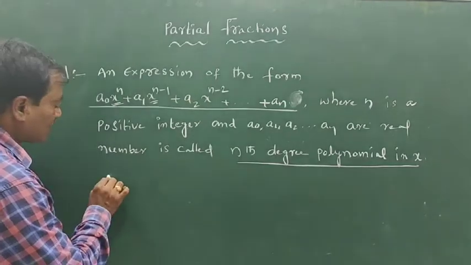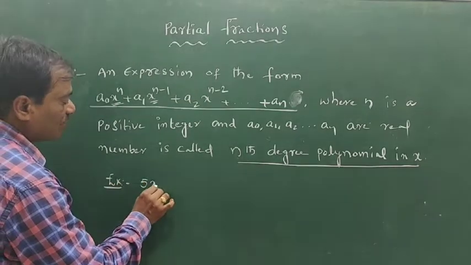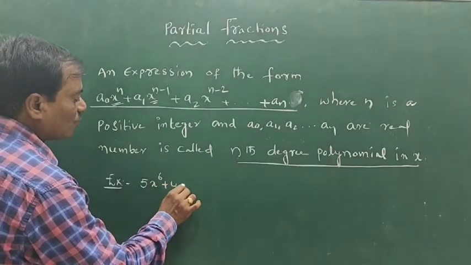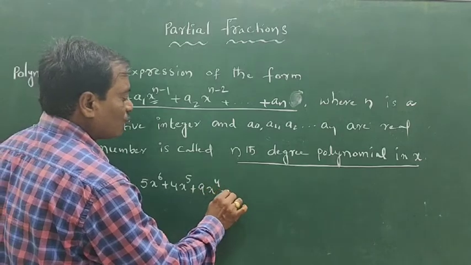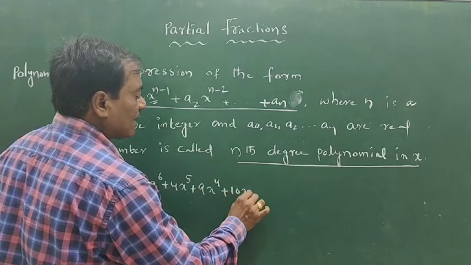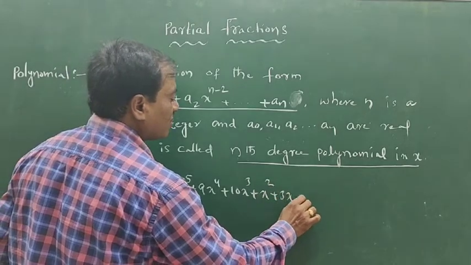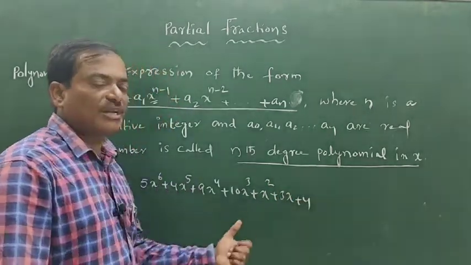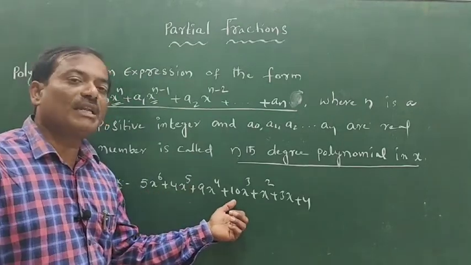We are taking one or two examples. Example: 5x to the power of 6 plus 4x to the power of 5 plus 9x to the power of 4, 10x cube plus x square plus 3x plus 4. This expression is a polynomial in x.